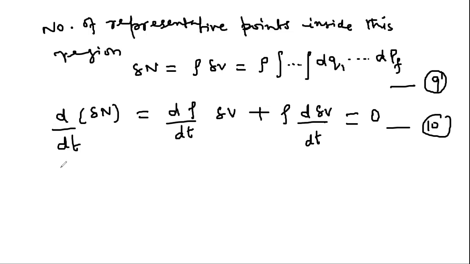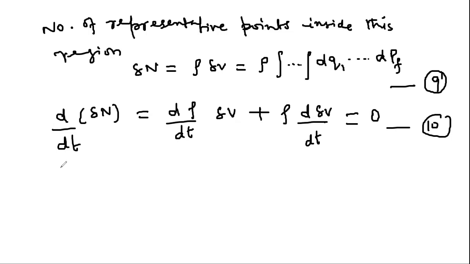If some representative points could be created within the region, then delta n would increase with time. If some could be destroyed, then the change in delta n would be negative. But you cannot create or destroy the number of points existing in this region. So this cannot change due to that reason.